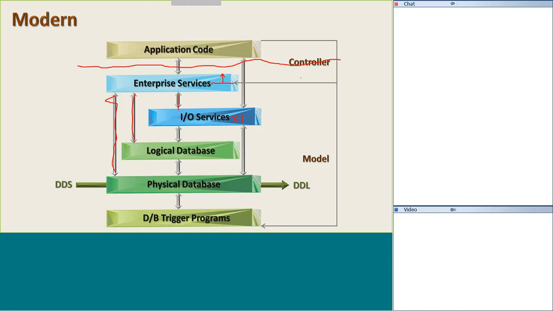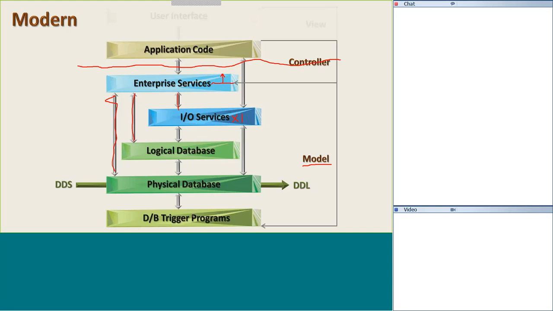What's below this line here, under the model, belongs in the database. The I/O server controls who can and who can't have access to this. The triggers determine whether the data is valid or not, and so on. So this is the big part of modernizing, is modernizing your database.